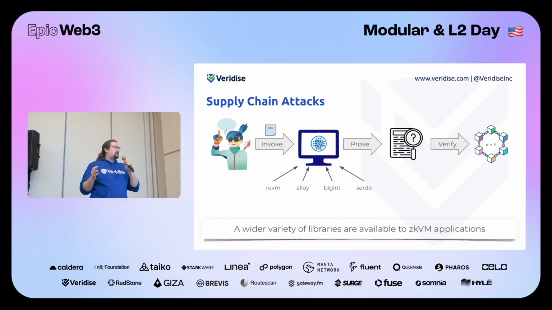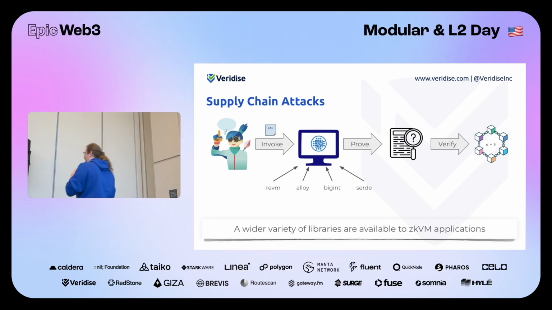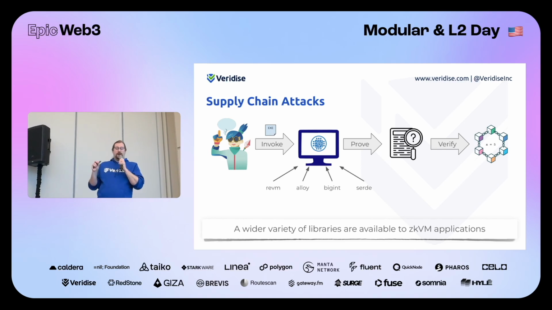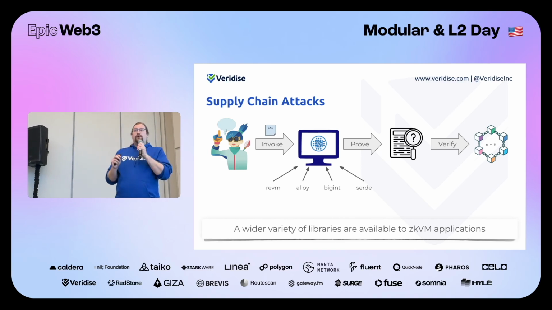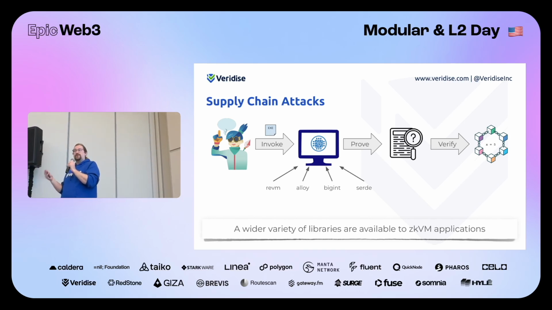Because of the wider variety of libraries, you have to be very careful and make sure you're only using trusted resources. But also, you need to plan ahead about what happens if something that you rely on or one of your dependencies has a bug.